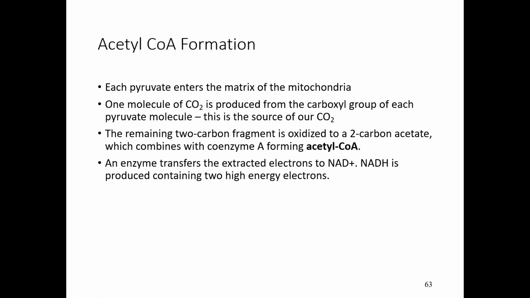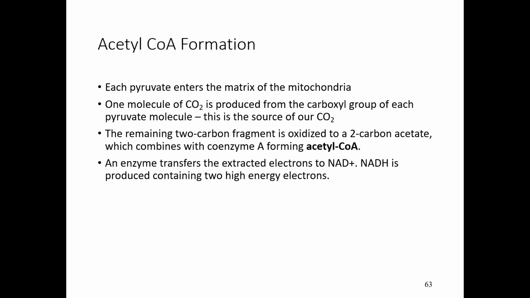So the pyruvate molecules that got made, we just split the glucose in half. Each pyruvate will go into the matrix. Each pyruvate will immediately be oxidized when it goes into the mitochondria, and a carbon will be stripped off.